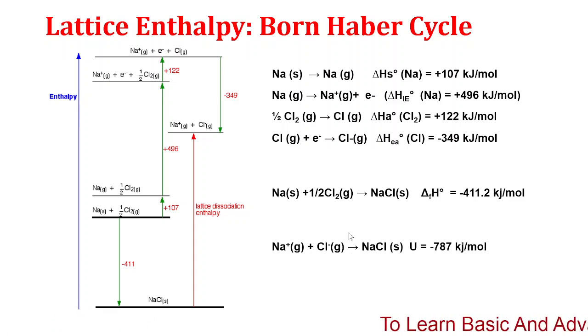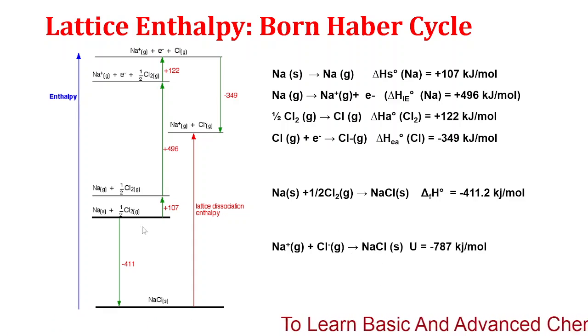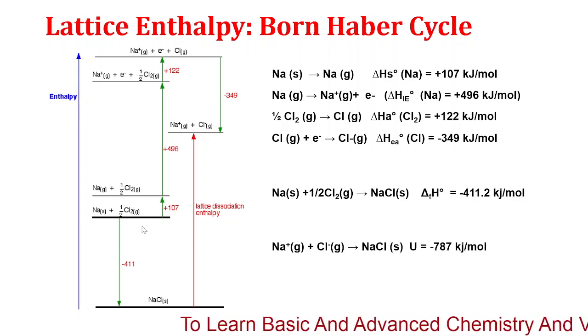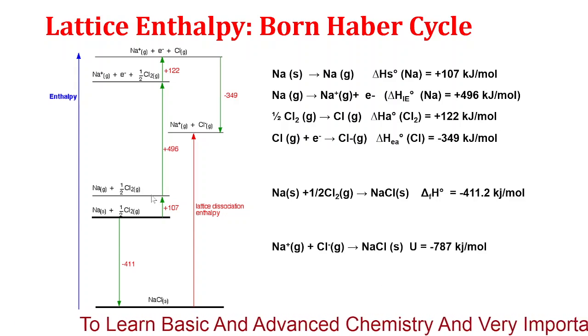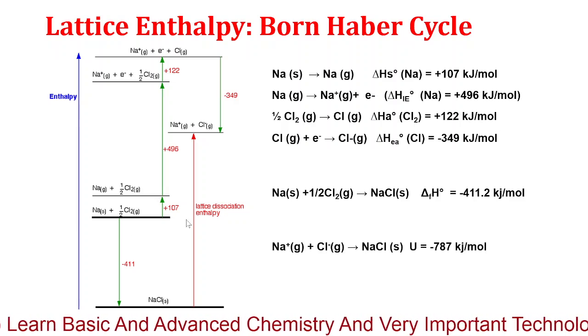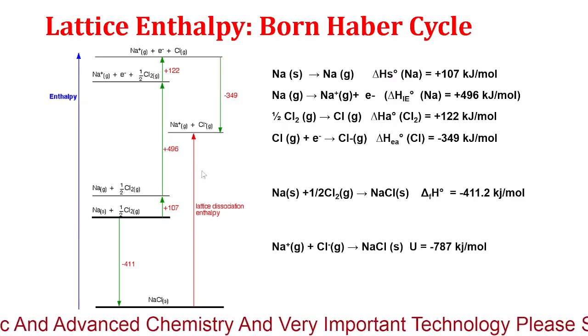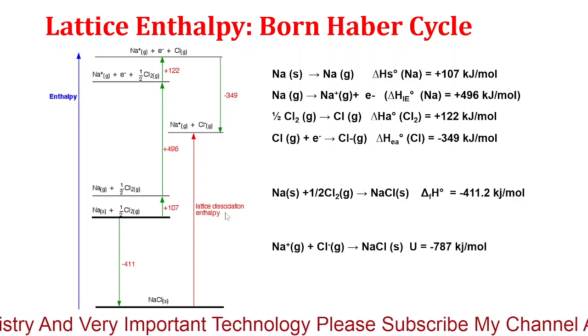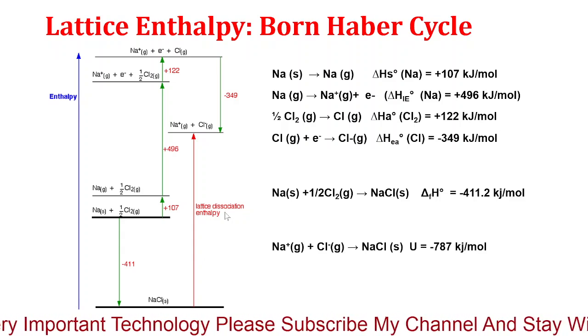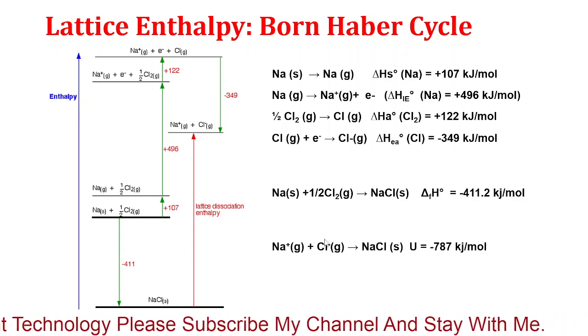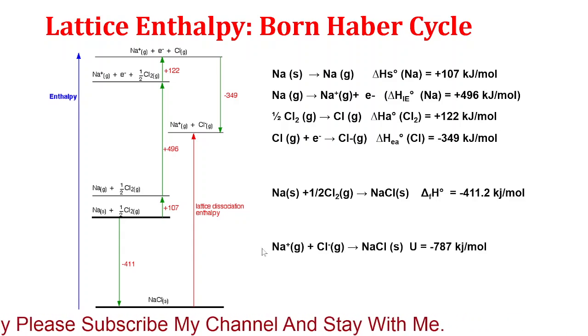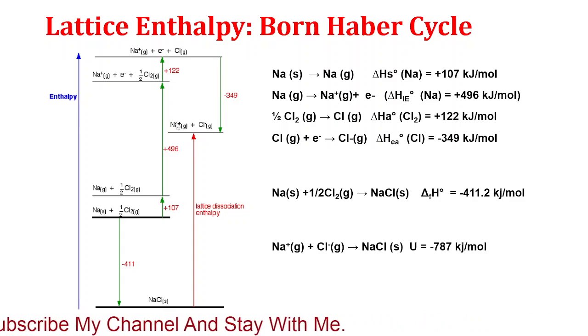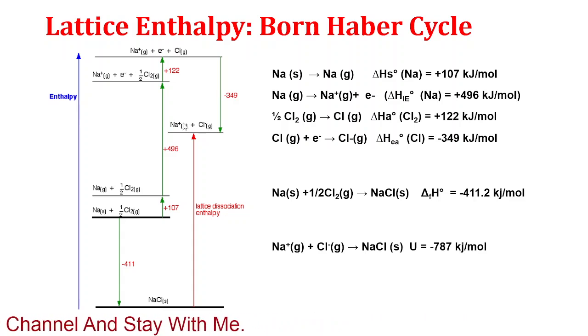So now in every step, if you sum up all the energies with sign, then you can have this value, which is known as the lattice dissociation enthalpy or lattice enthalpy, because this is the left side of the reaction, as I have already mentioned. So from sodium plus and chloride minus, we can have the sodium chloride crystal or lattice.